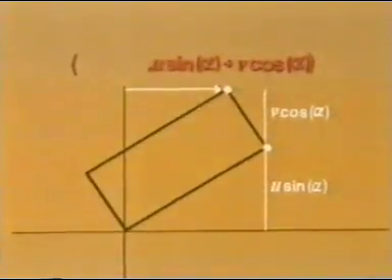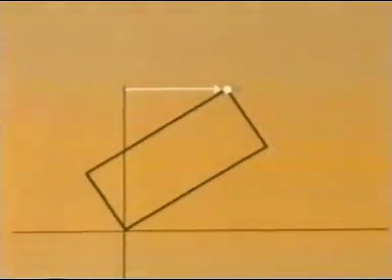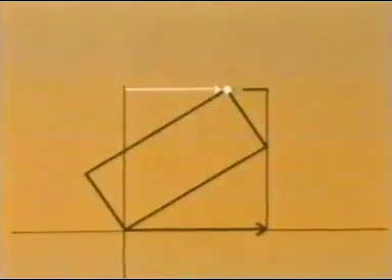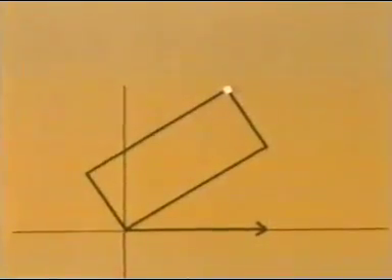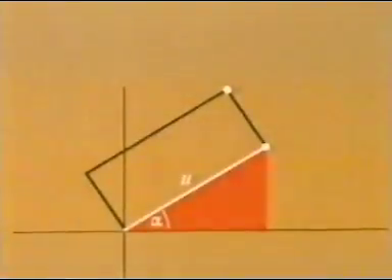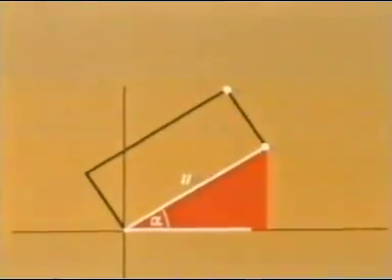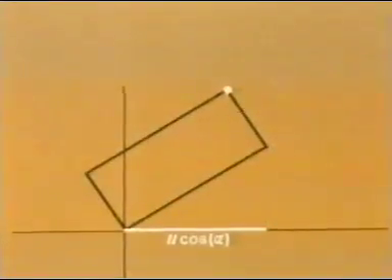Now for the horizontal distance. Can we split this up in some way? It's just this minus this. Again, we'll work out the lower distance first. Here's the triangle, and the adjacent side is u times cos of alpha. Now for the upper distance.